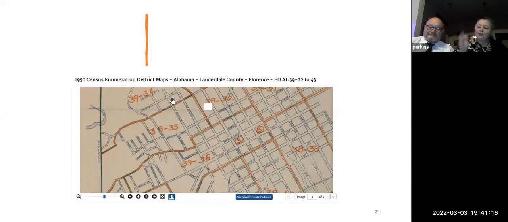My whole point is you can't assume that the 1940 census is going to have the same enumeration district or county number as the previous census. Doggone it. That's not very nice, but that's how life works.